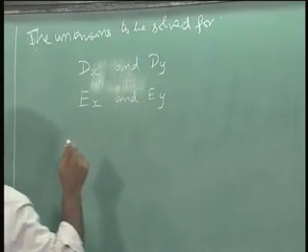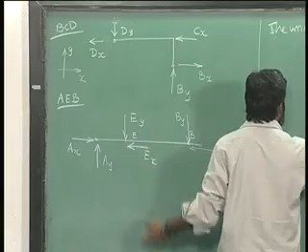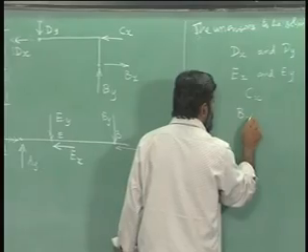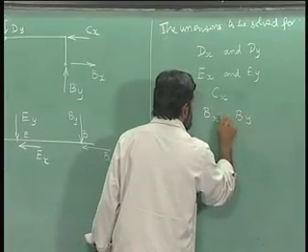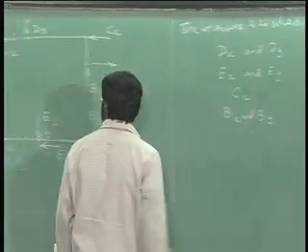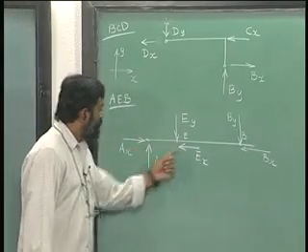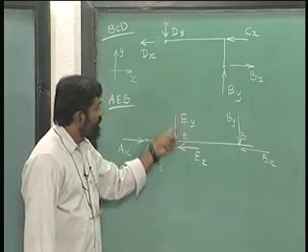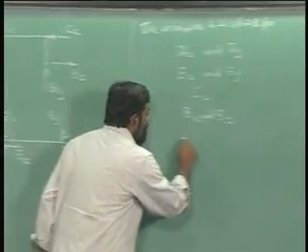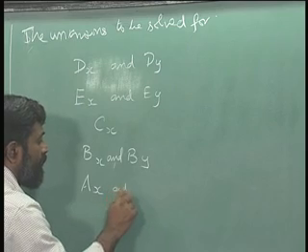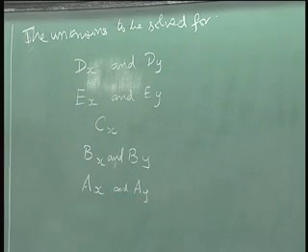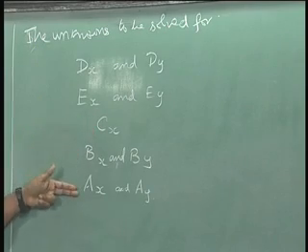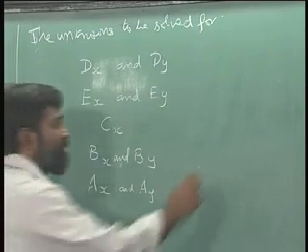For this we have already accounted for this, we have Cx that needs to be solved, and we have Bx and By. For this body we have to solve for Ax and Ay, we have already accounted for Ex, Ey, Bx, By, which means Ax and Ay. In all how many? 2 plus 2 is 4, plus 1 is 5, plus 4 is 9 unknowns.